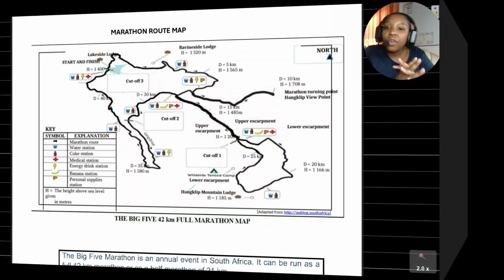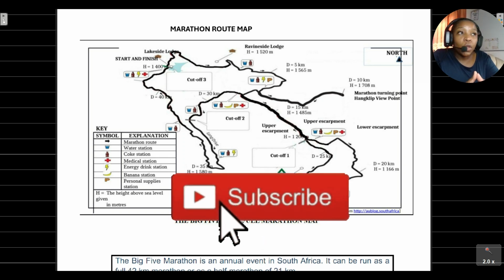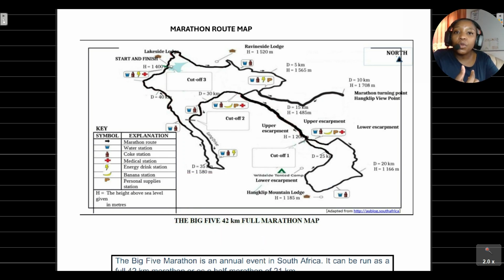What's very important when analyzing any kind of map, whether it's a strip chart, a route map, a regional map, a provincial map, any of the maps that we've analyzed together, is that before you even have a look at the questions, look at the map and see what is actually given to you on this map.